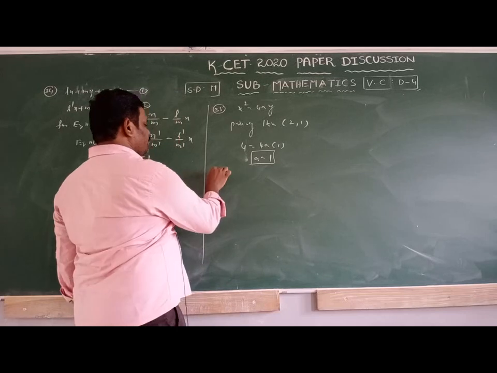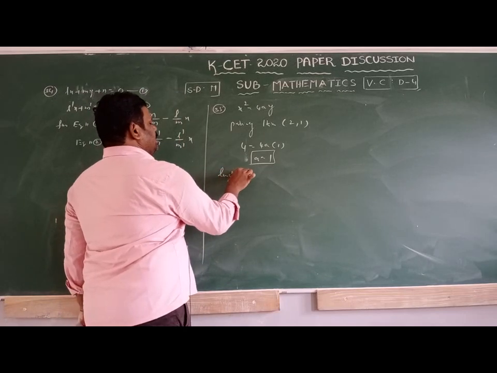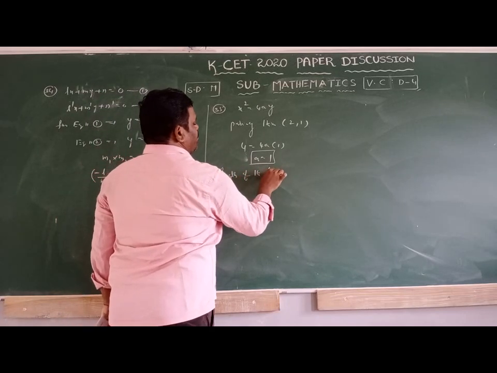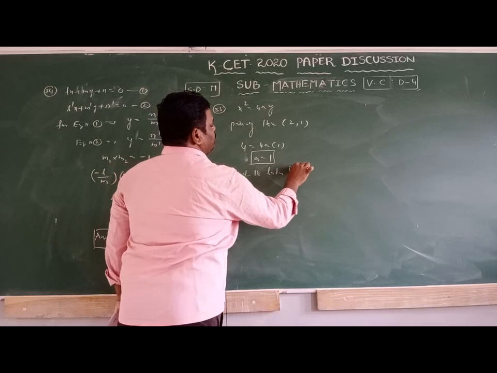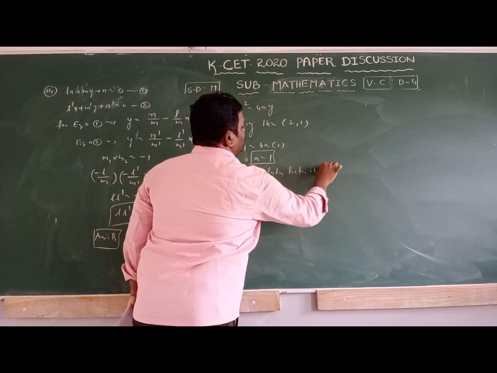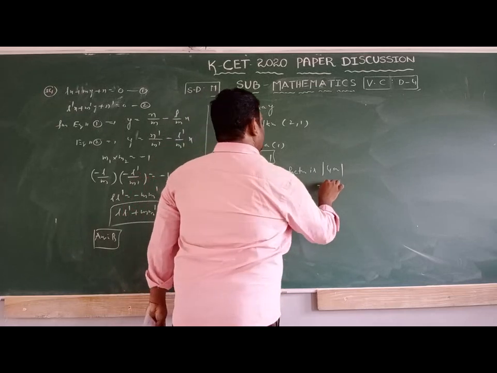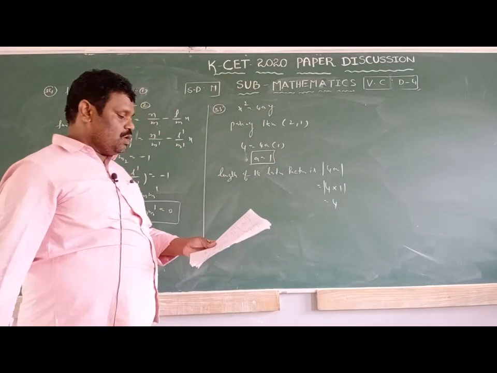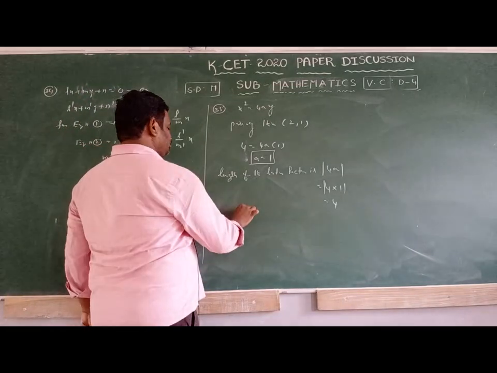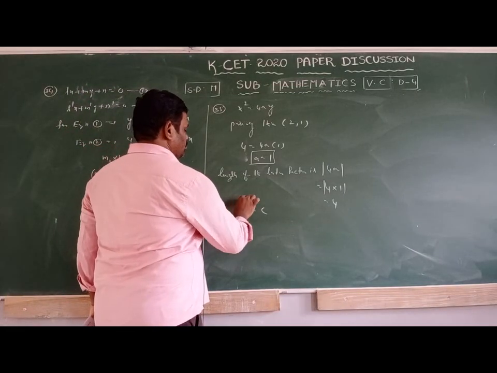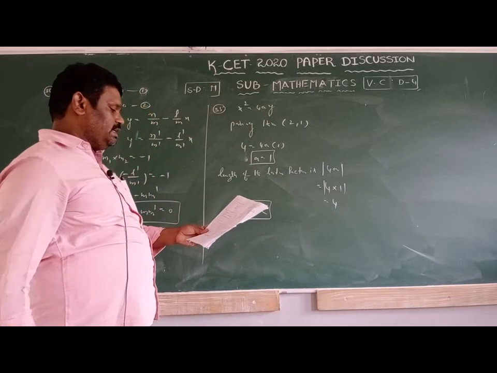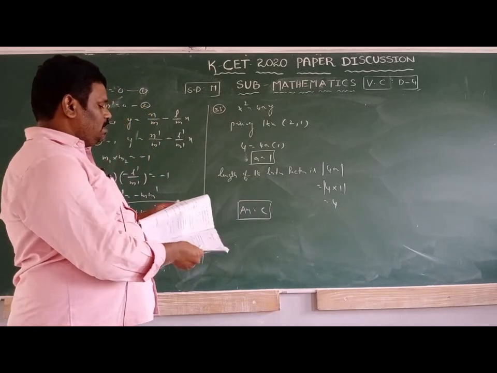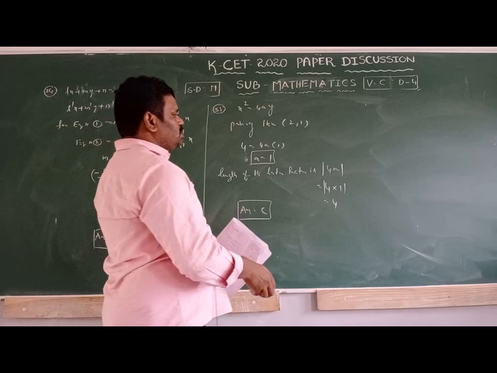The formula for the length of the latus rectum is mod 4a, that is equal to 4 into 1, mod, that is equal to 4. So the option is C. C answer is correct.